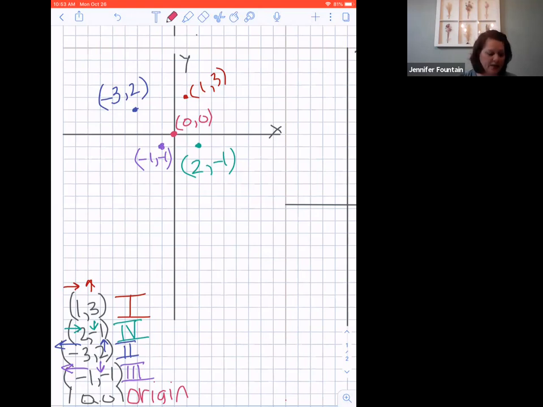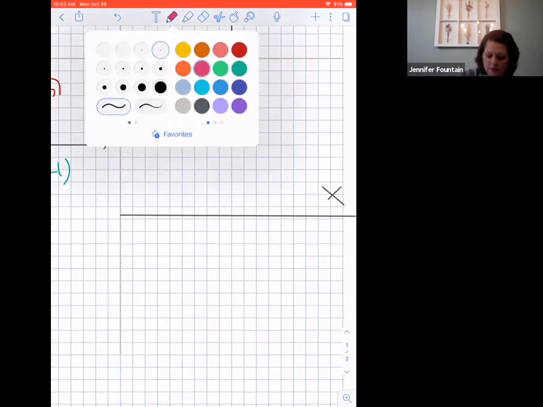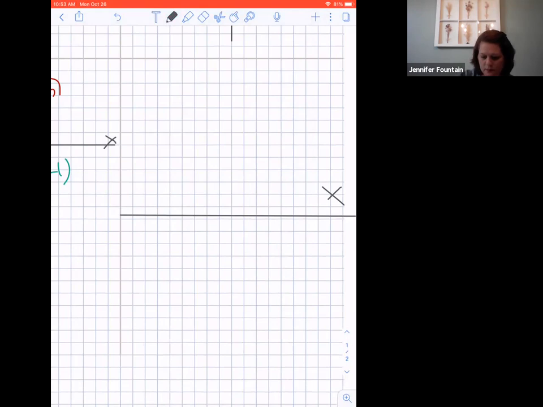All righty, so for activity 3, I'm going to go ahead and move over to this graph that I drew over here, except I'm probably going to need to move that y-axis. So I'm going to fix that. All right, so now what I want you to do is go ahead and do activity 3.